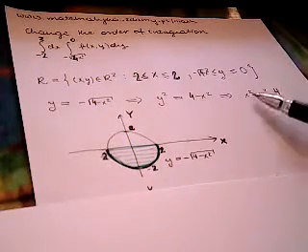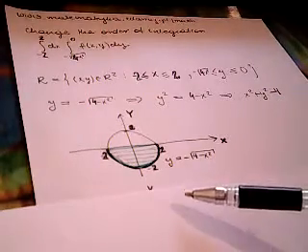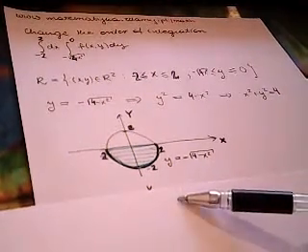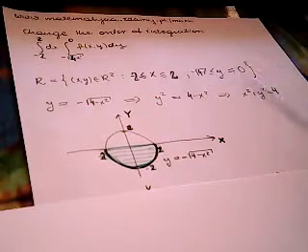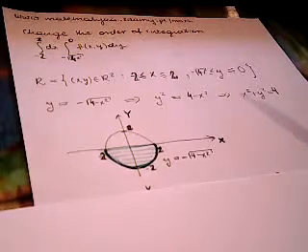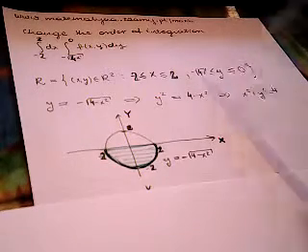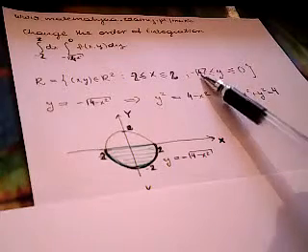The radius of the circle is 2, but I have to remember we have no whole circle. We have only a semicircle.